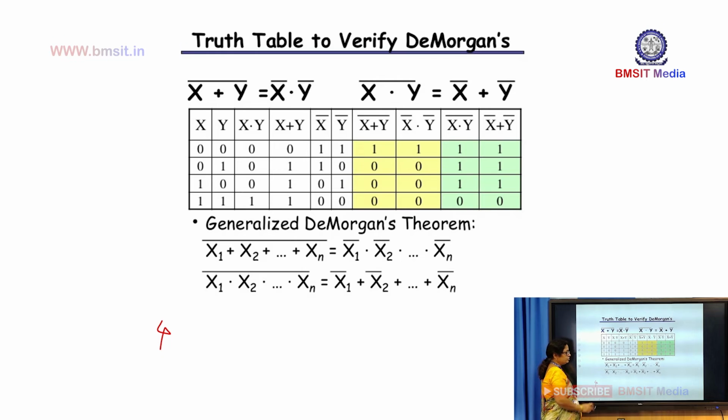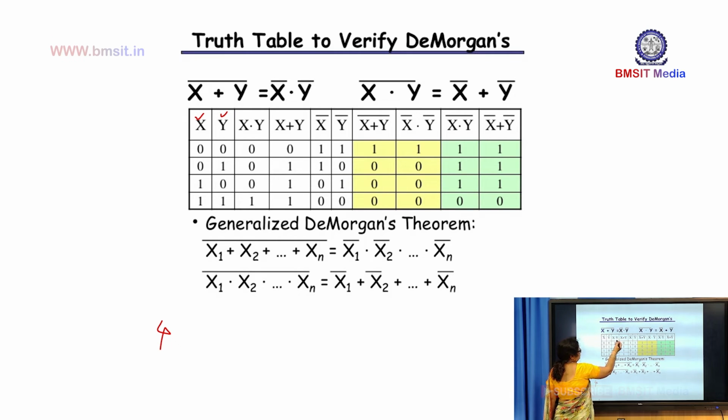So your table should list all the possible combinations taken by the input variables. The input variables are marked as x and y here, so I have taken 0 0, 0 1, 1 0 and 1 1. Now, what all things are we going to calculate for proving these two theorems?